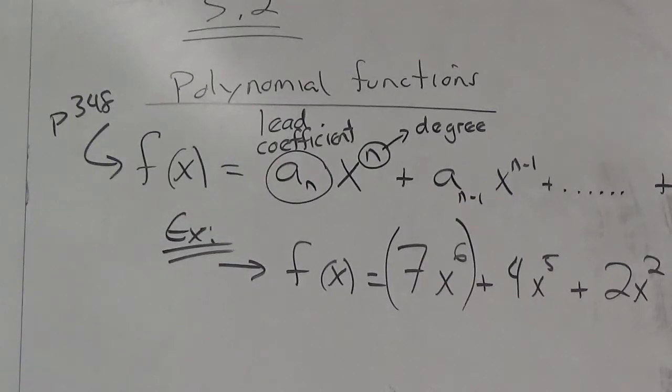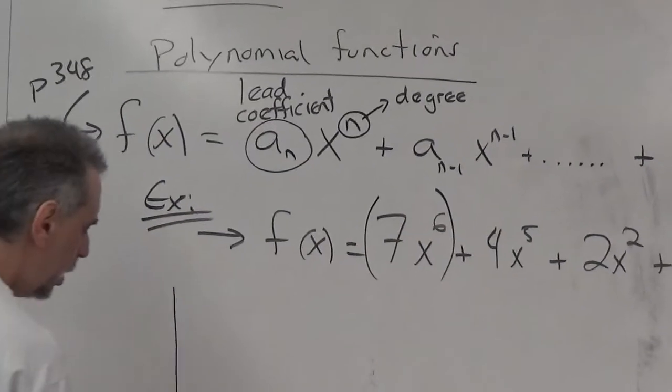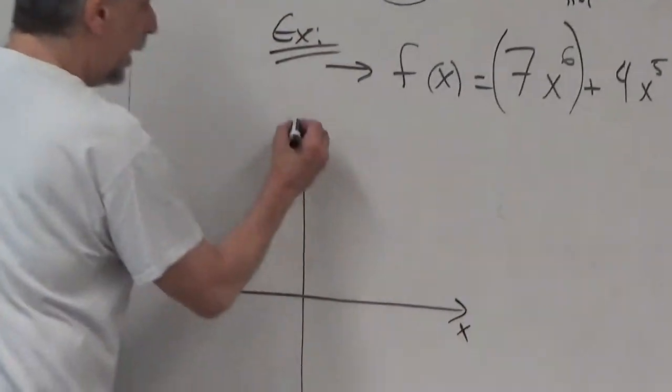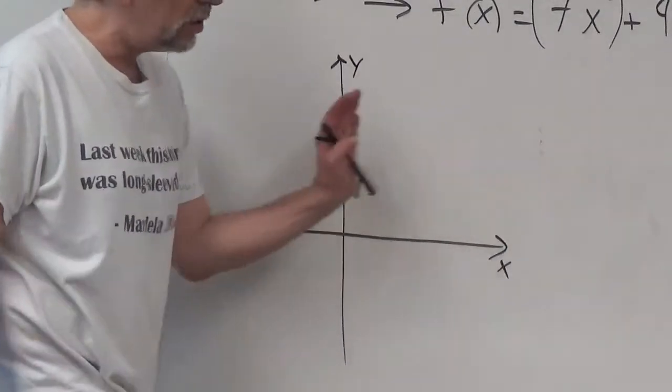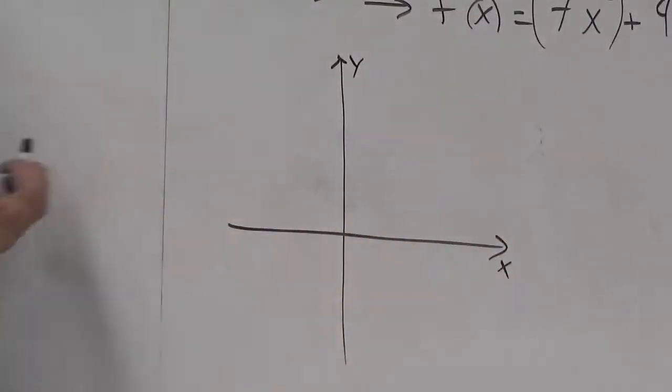What we want to identify when we're trying to graph polynomials is, first, what does it look like at the extremes, when we go out toward x equals infinity or x equals negative infinity.